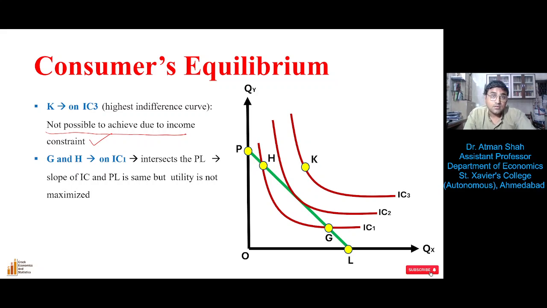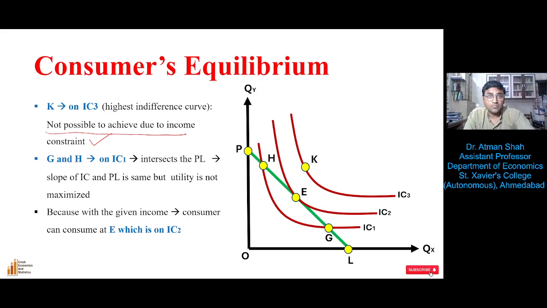So the slope is the same, but still the consumer will not attain equilibrium here because with this available income, the consumer can stand on point E, which is on the higher indifference curve IC2. If it is possible to consume on IC2, the consumer will not consume on IC1 because more is always better. So the consumer always prefers E over H and G.